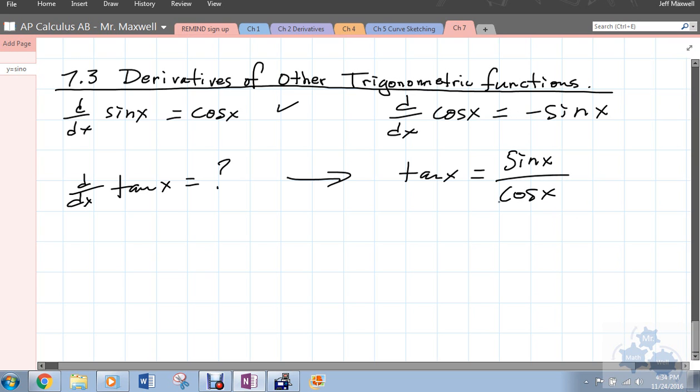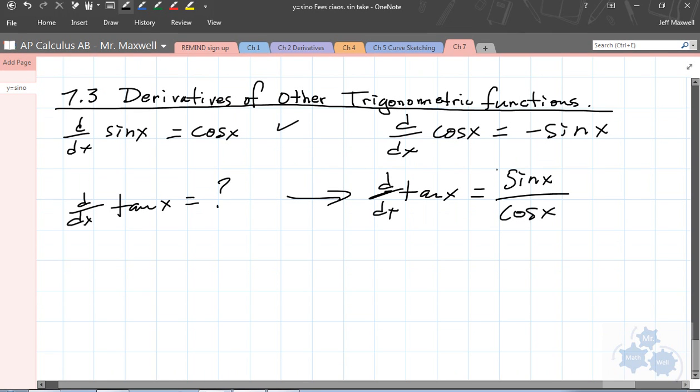Sine over cos. So if we now took the derivative, d over dx of tan x, then we have to take the derivative of this right here, right? And we could do that using the quotient rule. So the derivative of sine x over cos x is this.